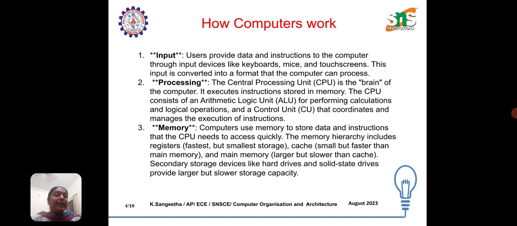Next, memory. Memory is used to store the data and instructions that the CPU needs to access quickly. The memory hierarchy includes registers, the fastest but smallest storage; cache memory, small but faster than the main memory; and the main memory, larger but slower than the cache memory. Another memory is secondary storage. Registers, cache memory and main memory are primary memory devices, and the secondary memory devices are hard disks and solid state drives.